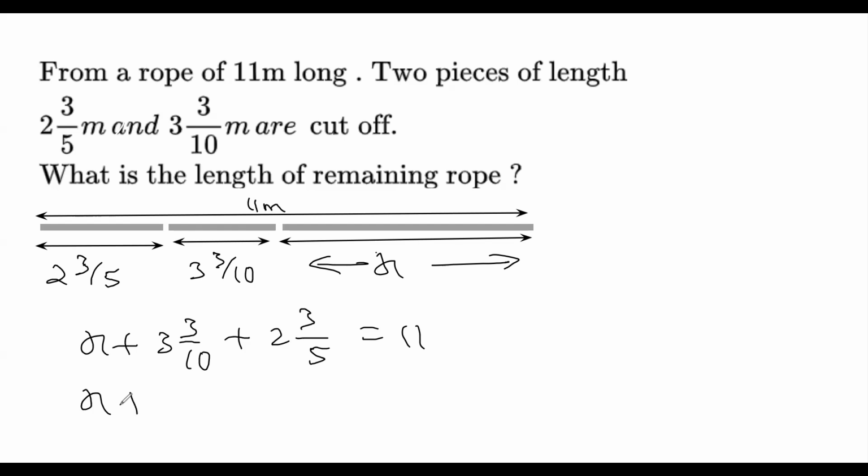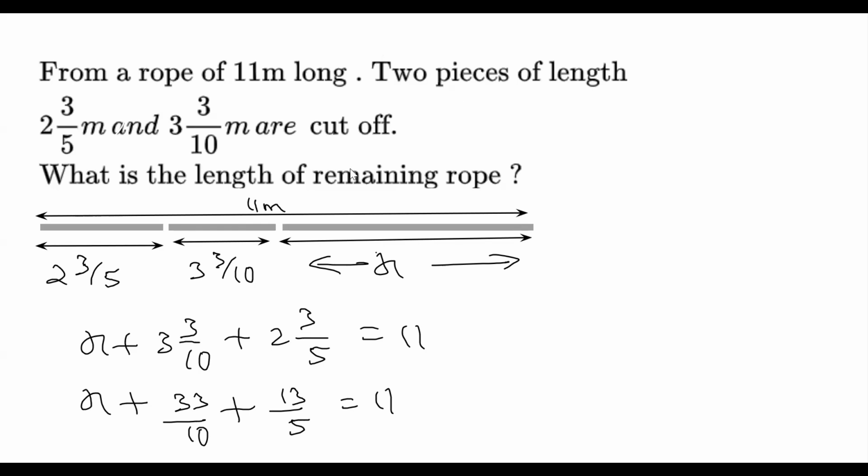Now I'm going to simplify this. In improper fractions, 3 3 over 10 is 33 over 10. And 2 3 over 5 is 5 into 2, that is 10, plus 3, so 13 over 5. This is equal to 11.